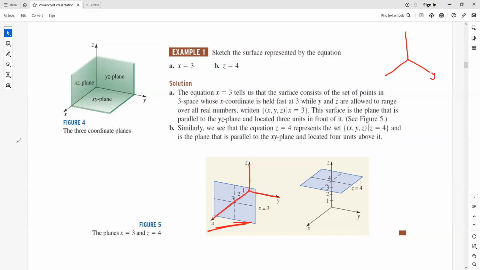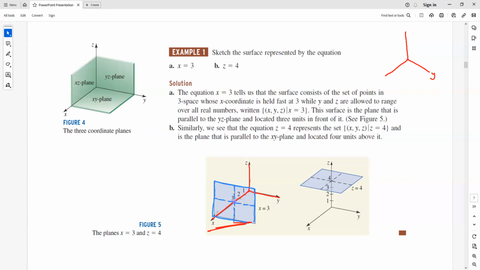And we fixed a point at x equals 3, and then we have to extend this in the y direction and in the z direction now. So this will be a plane now. So this will be the equation of a plane.